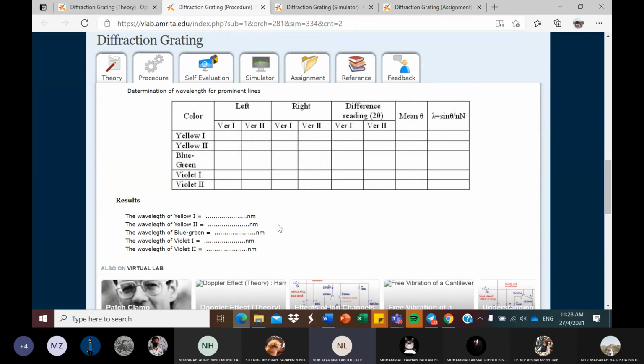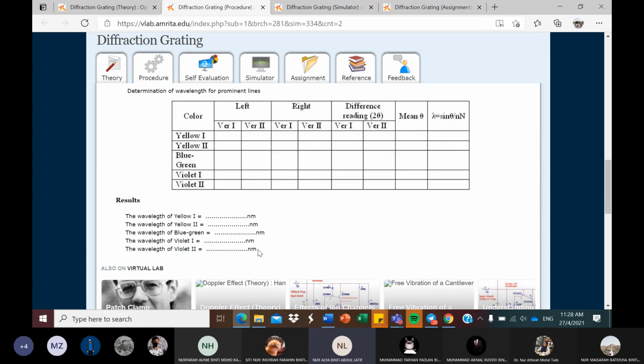For example, violet 2 actually has a wavelength of 404.6 nanometer.